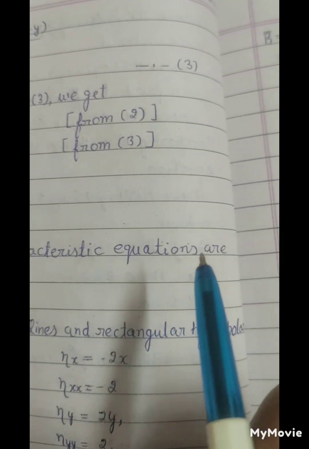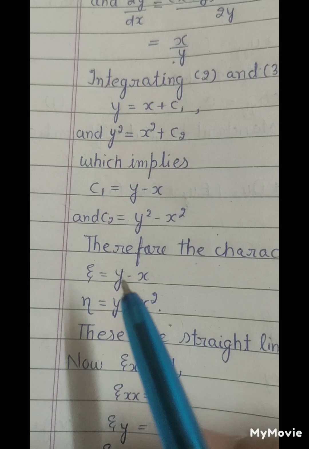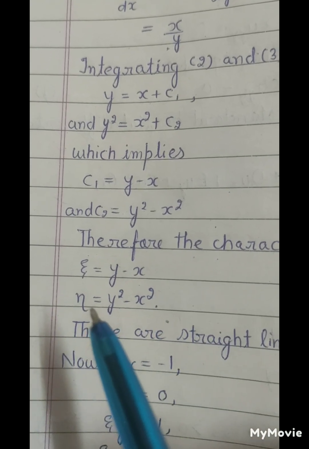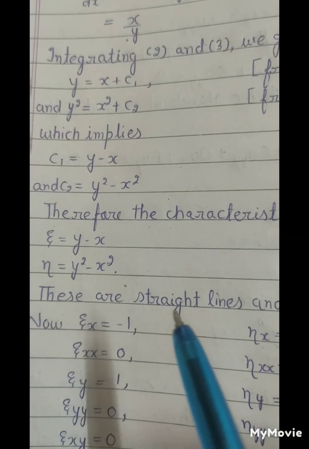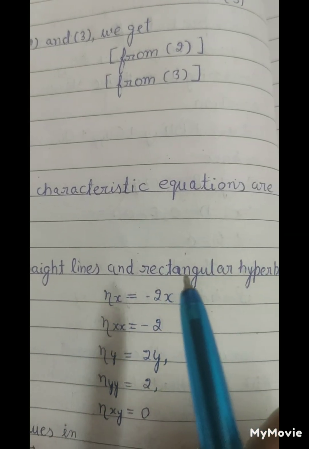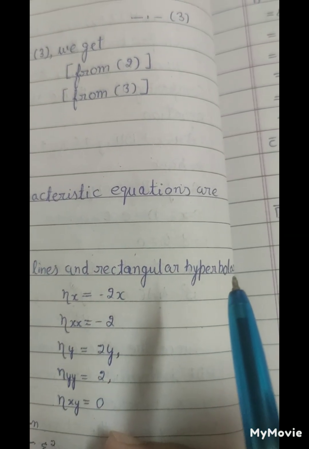Therefore the characteristic equations are xi equals y minus x, eta equals y square minus x square. These are straight lines and a rectangular hyperbola.